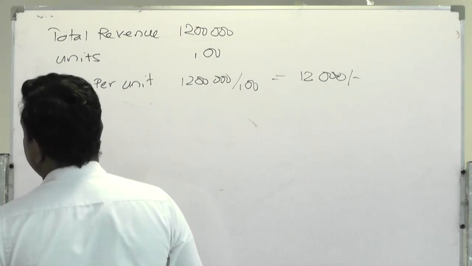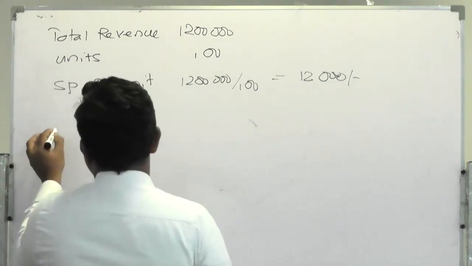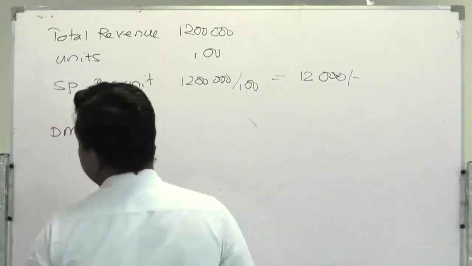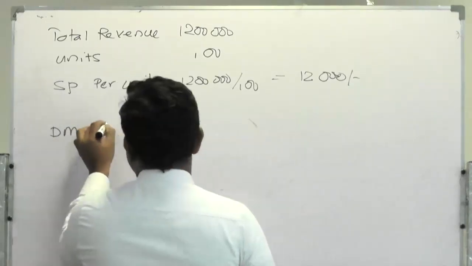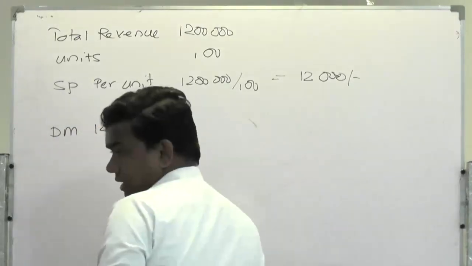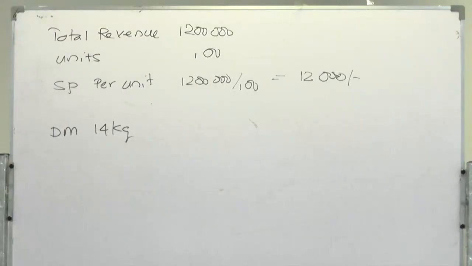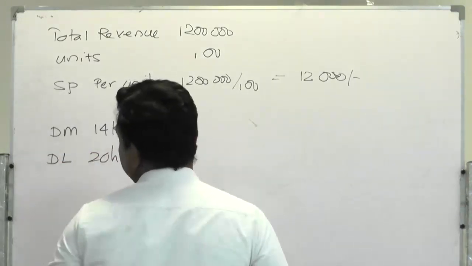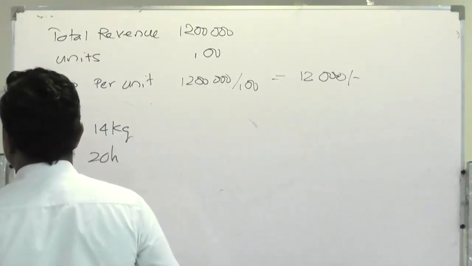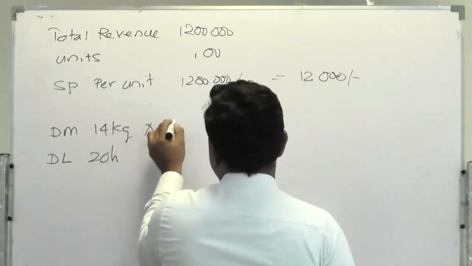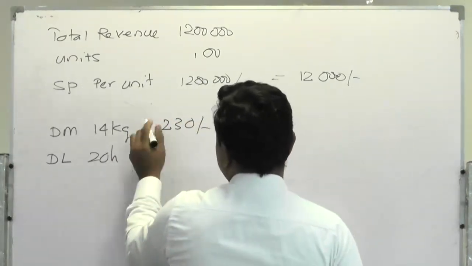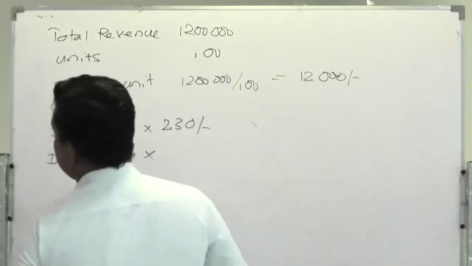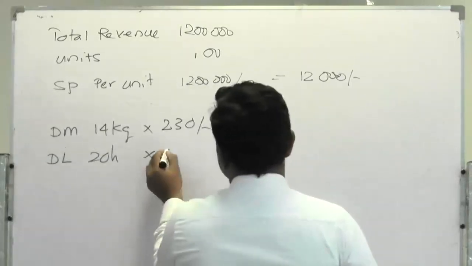Now we can take the variable cost. Each unit of X consumes 14 kilograms of direct material and 20 hours of direct labor. The price per kilogram is 230 rupees and the price per labor hour is 300 rupees.